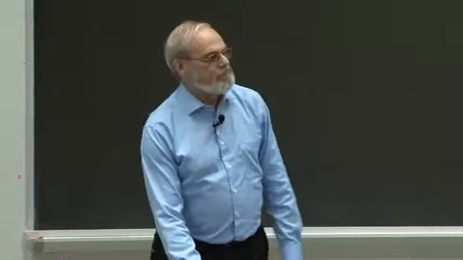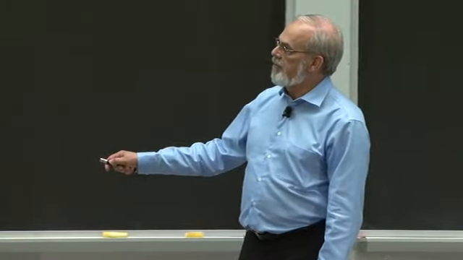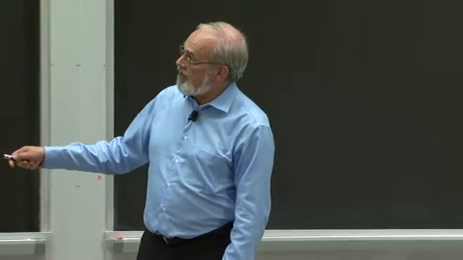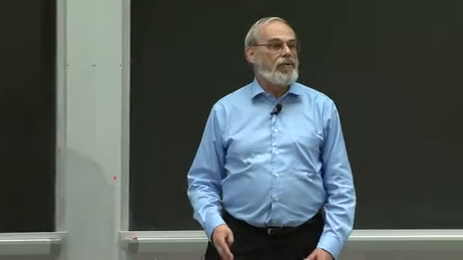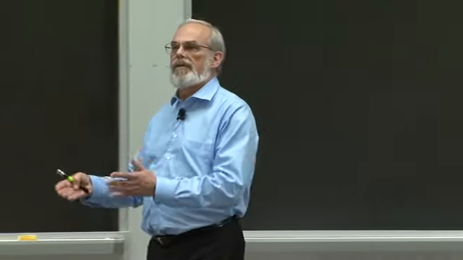What about recursive? I could write fact recursively. I actually prefer it this way, right? If n's less than or equal to 1, return 1. Otherwise, multiply n by whatever I get by calling this on n minus 1. The cost inside is just constant. I'm doing one subtraction, one multiplication. How many times do I go through it? Again, n times, because I've got to go from n to n minus 1 to n minus 2.